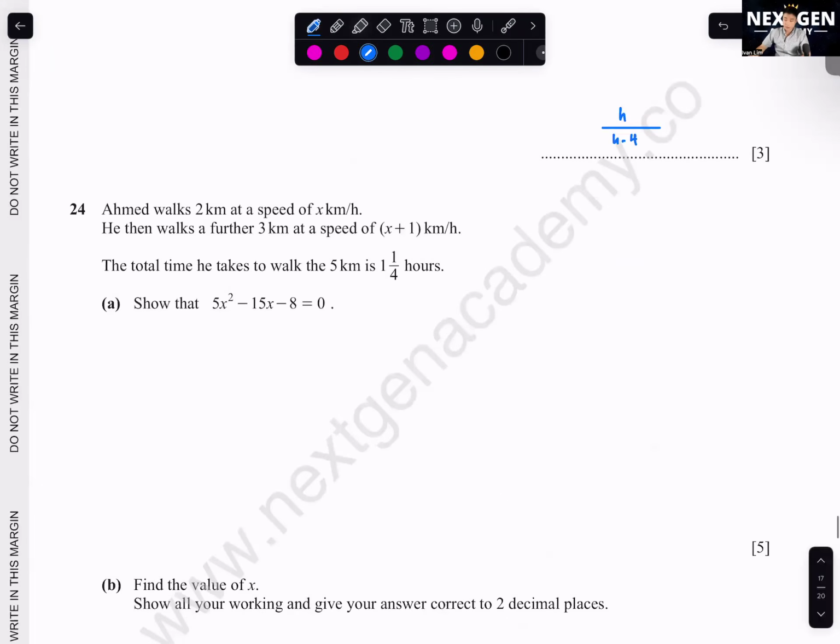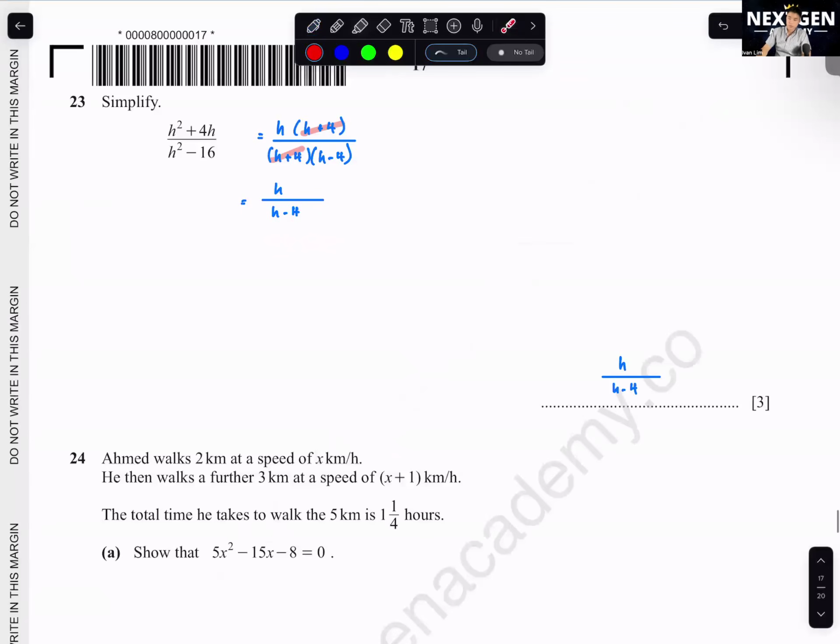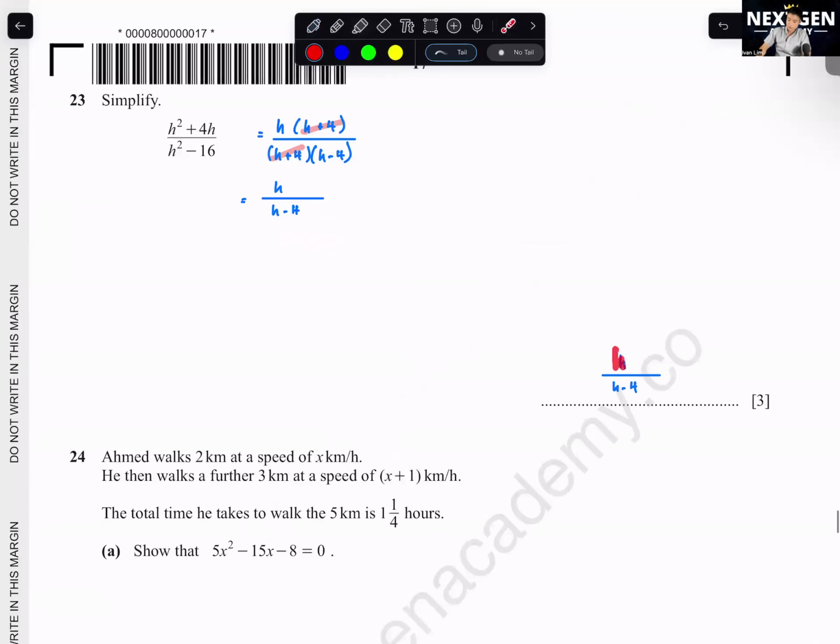All right, the next one. Question 24. Just now a few of you were asking about this. You don't cut the h. No, cannot. These two, where can? Cannot. Unless it's h minus 4 over h, then you can separate it: h over h minus 4 over h.